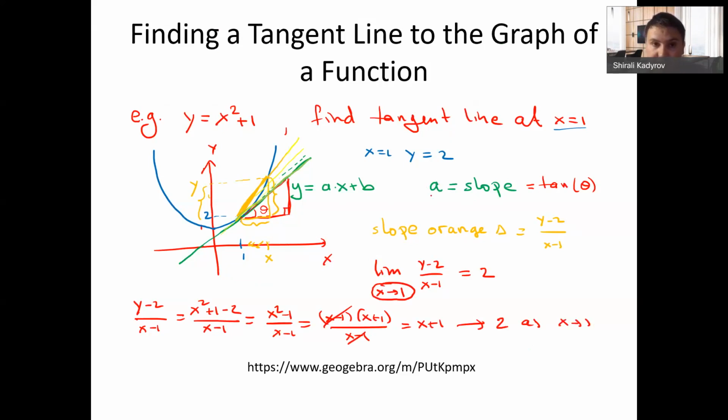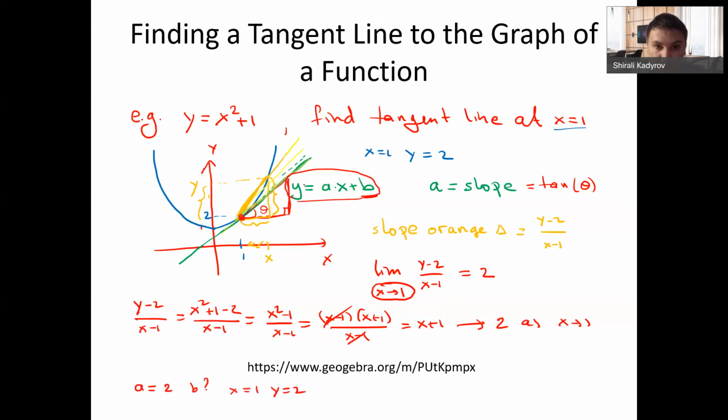In other words, my a, the slope, is equal to 2. Now what is my b? How do I find my b? Well, I know that this point lies on this tangent line, so it needs to satisfy the equation. When x equals 1, y is equal to 2.